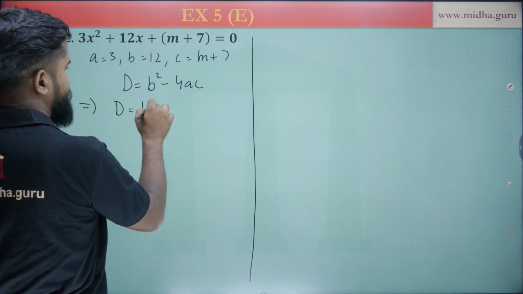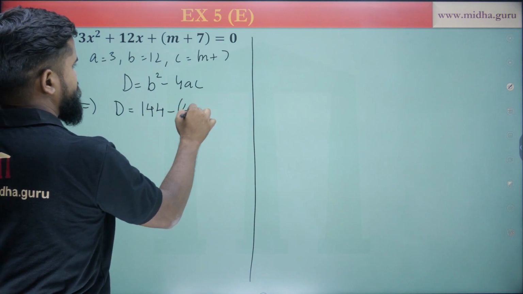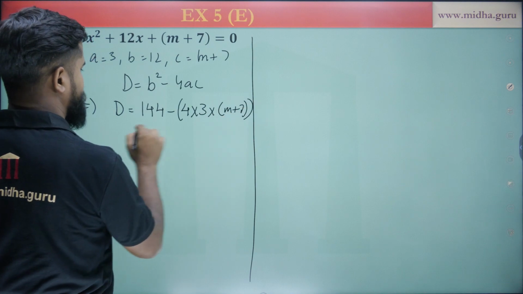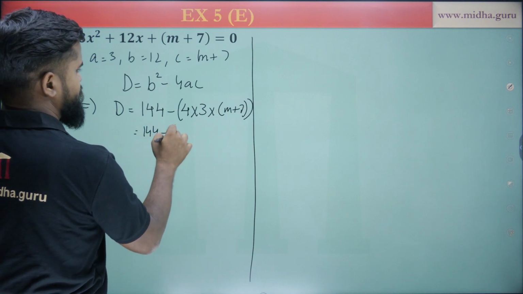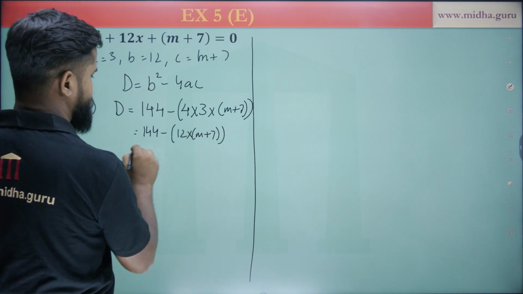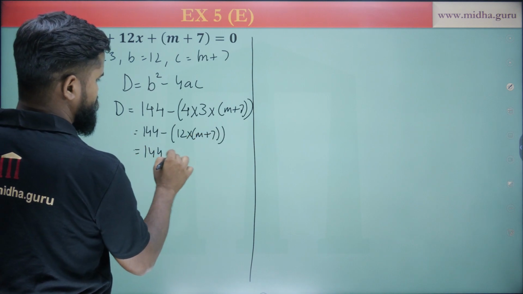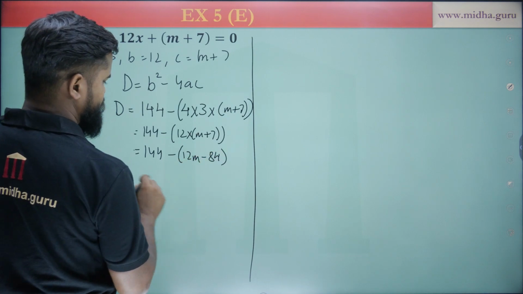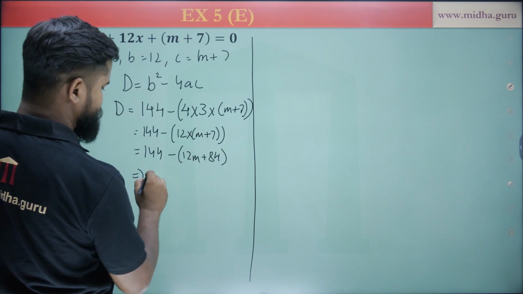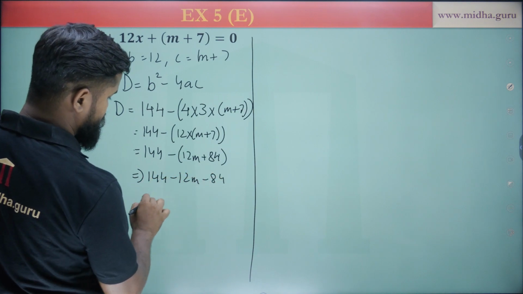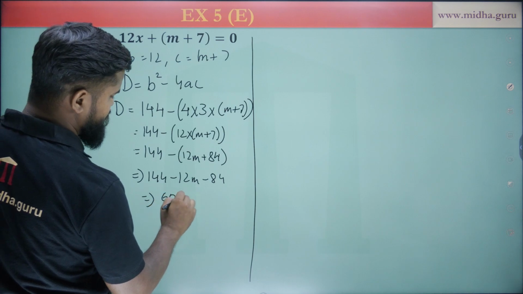Square of 12 being 144 minus 4 times 3 into (m plus 7), which gives us 144 minus 12 into (m plus 7). So this is 144 minus 12m minus 84. Oh sorry, when I open the bracket, it becomes minus 12m minus 84, which will be 60 minus 12m.